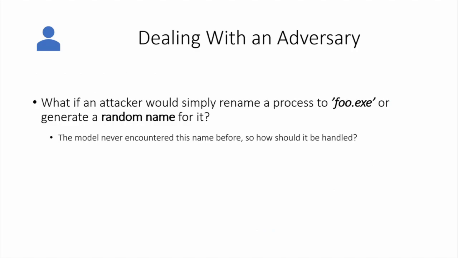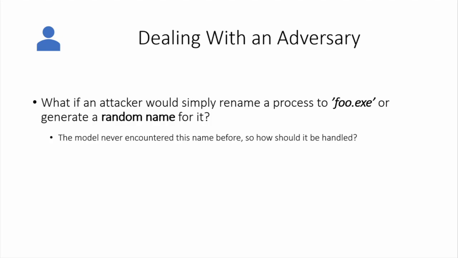So we have another problem, which is that, let's say, an attacker would simply rename a malicious process to another name. If the model is able to learn from a sequence of process names that it's malicious, what if the attacker simply changes one of the processes into a different process name or generates a random name every attack?